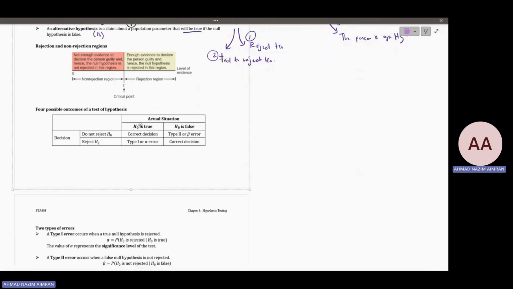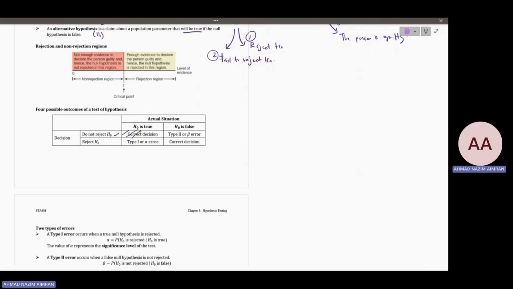If H null is true and we do not reject the H null, we conclude that the null hypothesis is true. So this one is the correct decision.